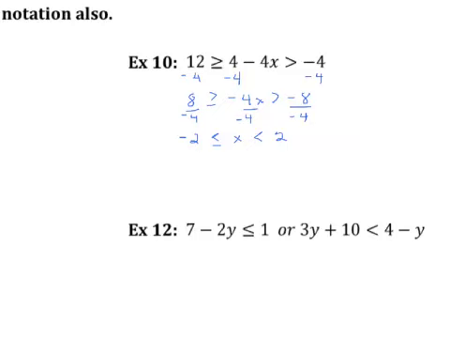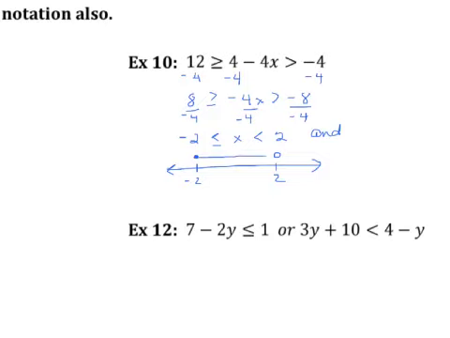Alright, so now we have this. This is also an and, because it's a between problem. And we have a -2 here, +2 here. The equal sign tells me the -2 is solid, and the +2 is not.